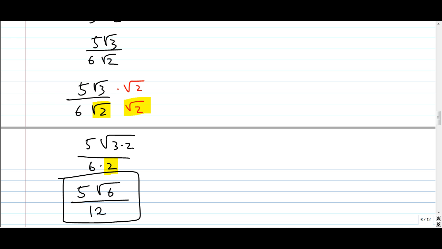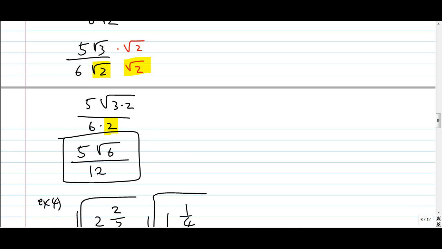The square root goes away, but the number is still there. It becomes 2 instead of rad 2. The square root of 2 times the square root of 2 is the square root of 2 squared, which is 2. Any question? Does this make sense?